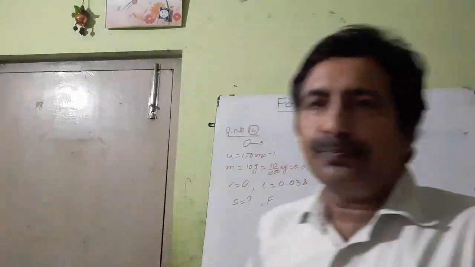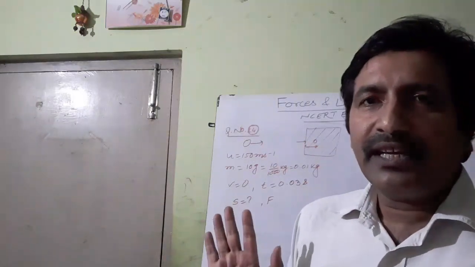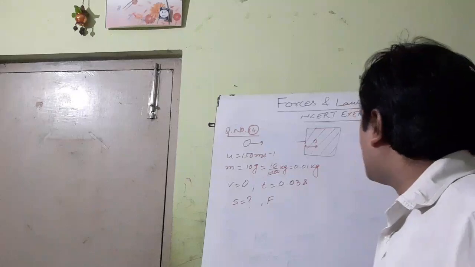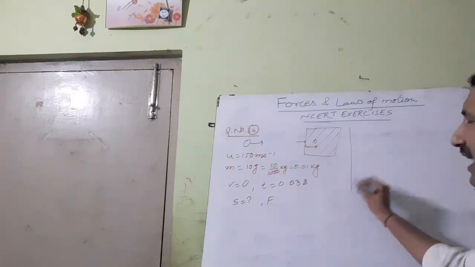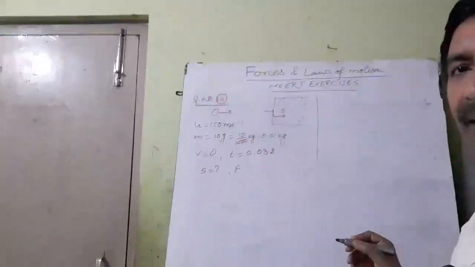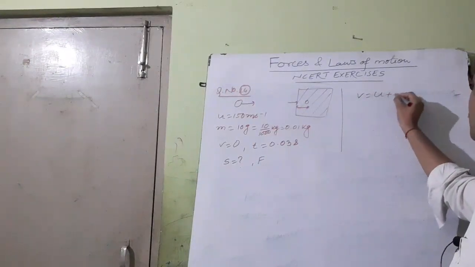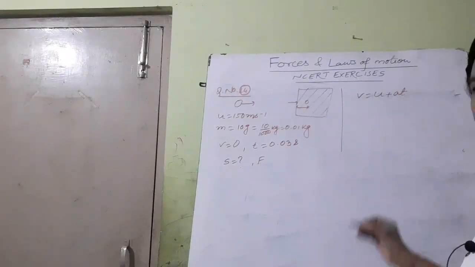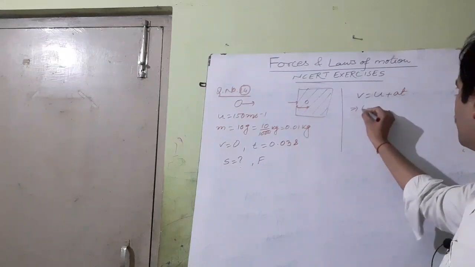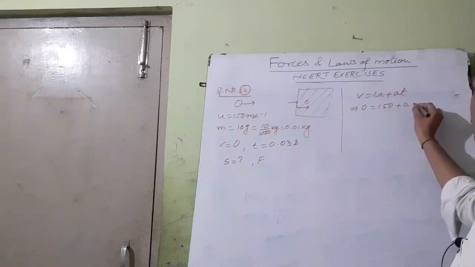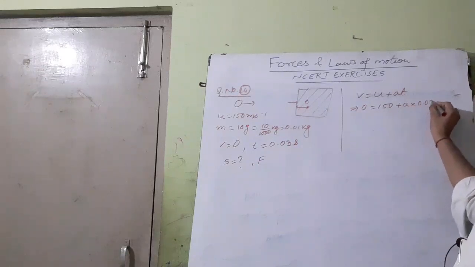So you see you have v is equal to 0, you have u and you have t. So can you find a easily? Yes, you can obviously find the value of a easily. You find the value of a by using the formula v is equal to u plus at. So v is 0 and u is equal to 150 plus a into t, which is 0.03.